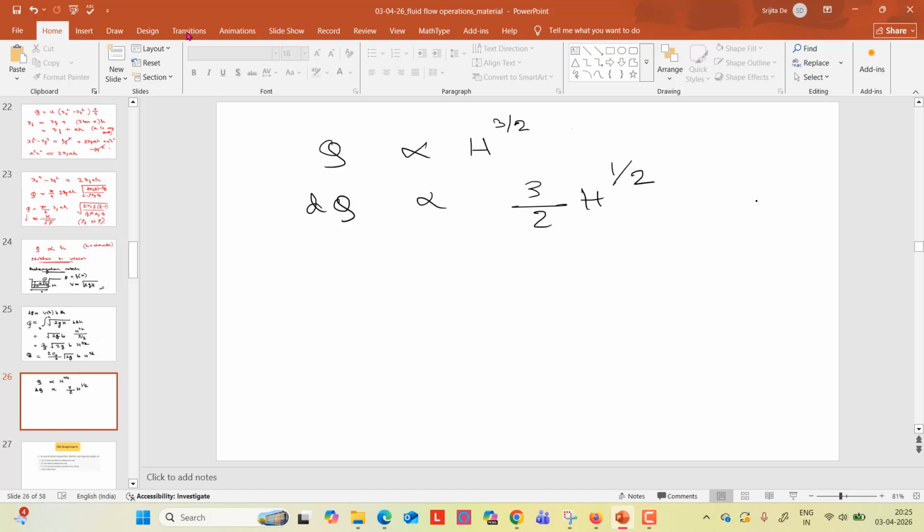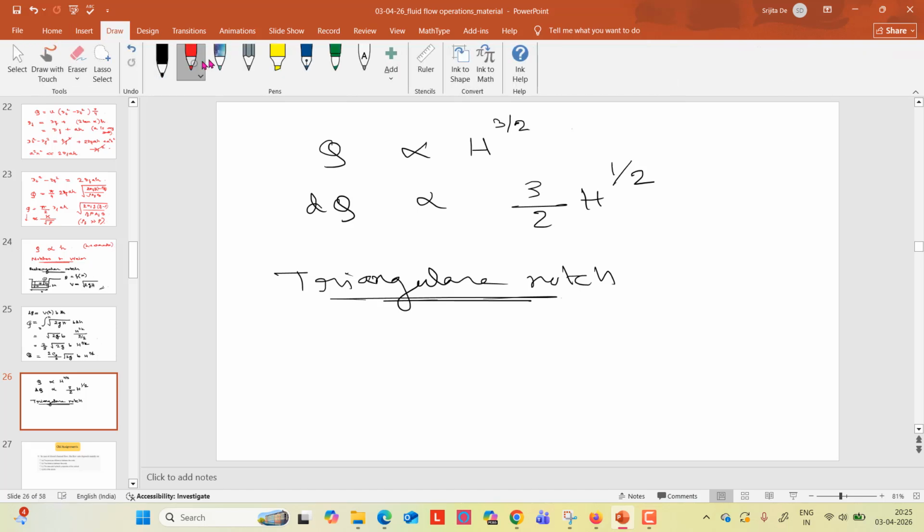Next one is the triangular notch. In the triangular notch, it is also the same, but the shape has changed.